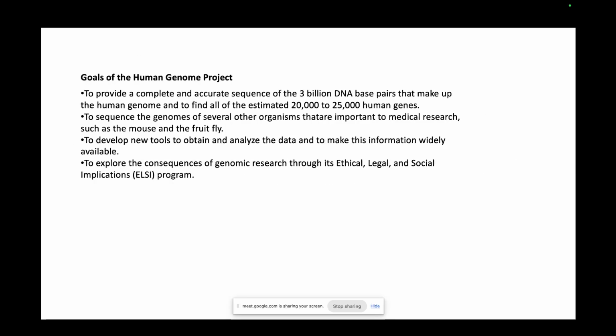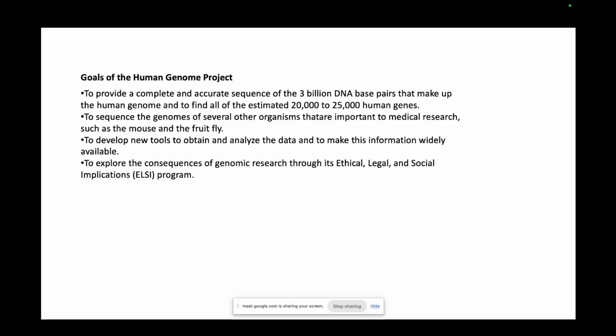The goal was to provide a complete and accurate sequence of the 3 billion base pairs that make up the human genome and find all the estimated 20,000 to 25,000 human genes. We know there are more genes now. There are some non-coding genes which code for non-coding RNAs, which do not code for proteins, but those genes are also important because these RNAs help regulate other protein coding gene expression in the cell.